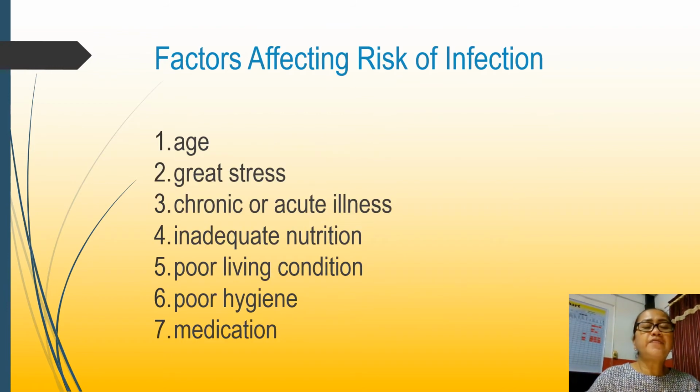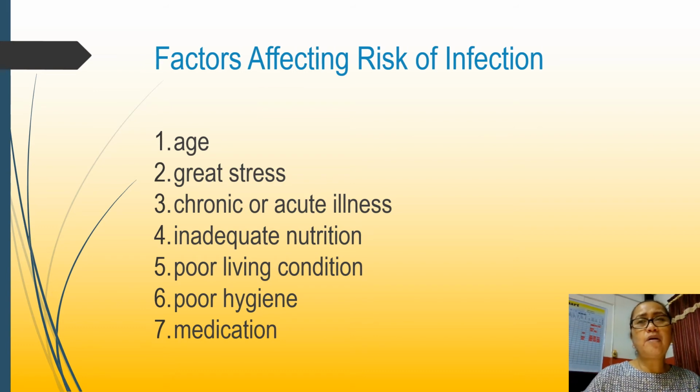Okay. Factors affecting risk of infection, we have age. So we have there your age, because a child is underdeveloped, not only the immune system. In the elderly, based on the wear and tear theory, they have been using up their immune system. Number 2, great stress. Of course, if you're under stress, you cannot think properly, so you have this risk of infection.